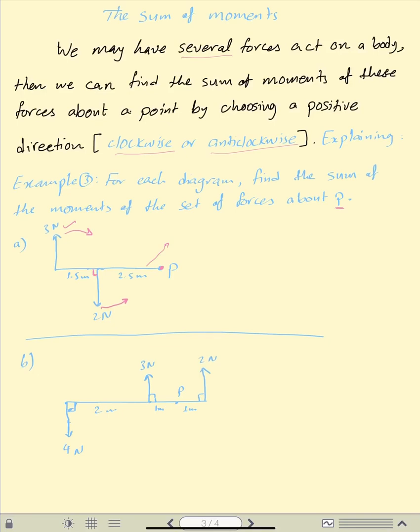So this is clockwise, and this is anti-clockwise. So they are opposing each other in direction. Simple like this. So what's the sum of moments? To do this, help yourself in this way.